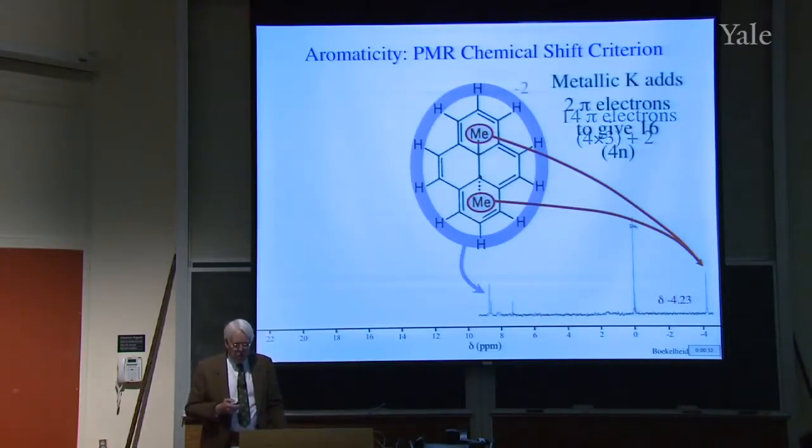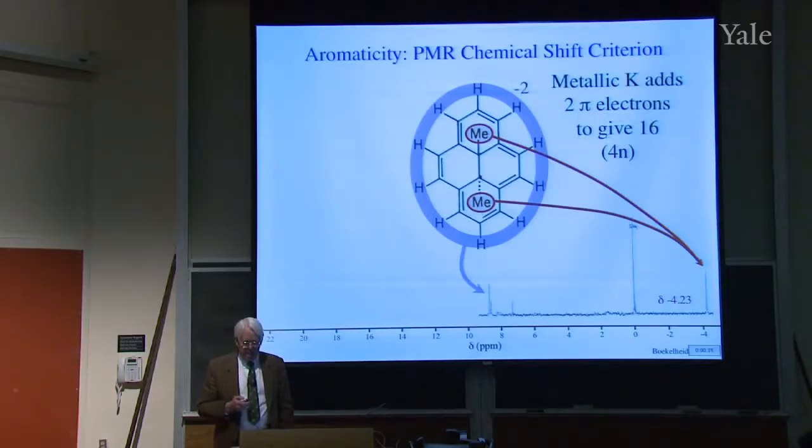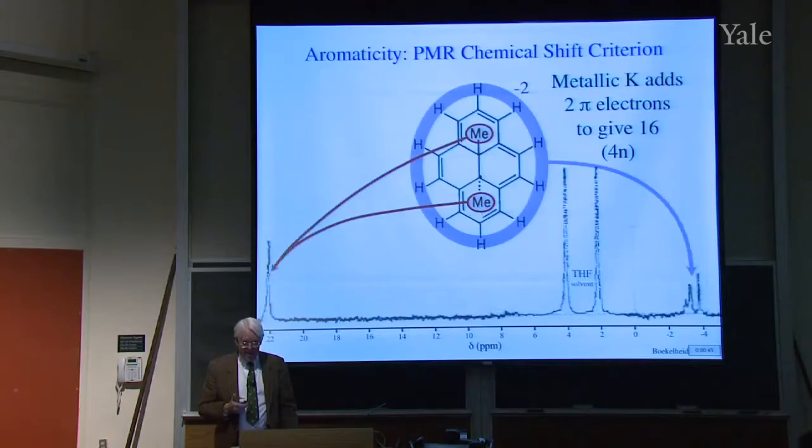But if you put 2 more electrons in and make the dianion like that, now it's not aromatic anymore. It's 4N instead of 4N plus 2. And look at its NMR spectrum. They exactly shift, right? So aromatic goes one way, Huckel, anti-aromatic goes the other way, right? So there were lots and lots of examples done like this during the 1960s and early 70s.